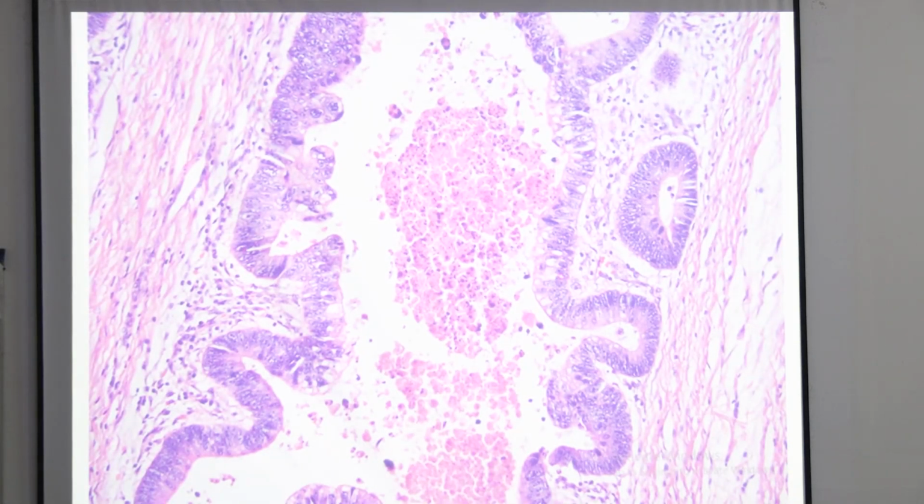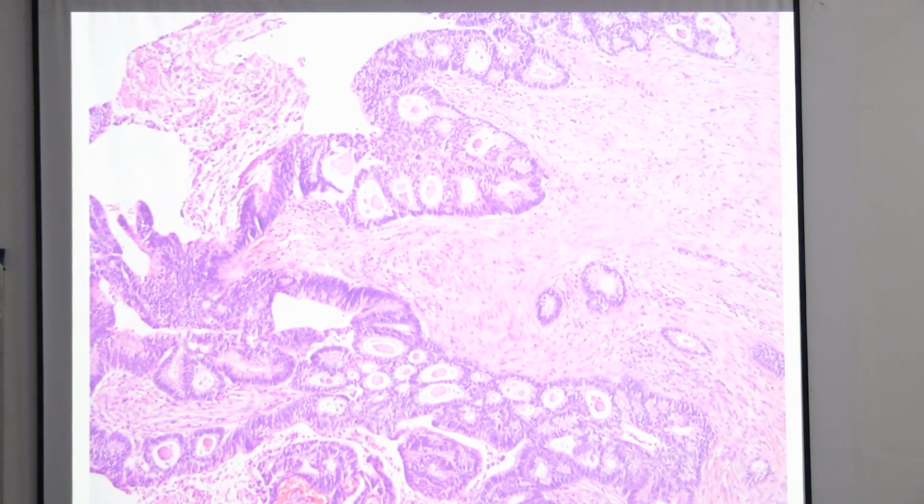This is another picture. These are all the malignant glands, the malignant epithelium, and these are infiltrating deep inside the colonic wall.